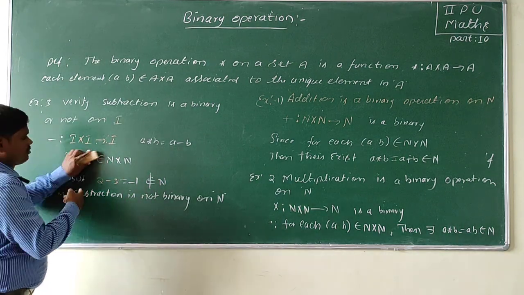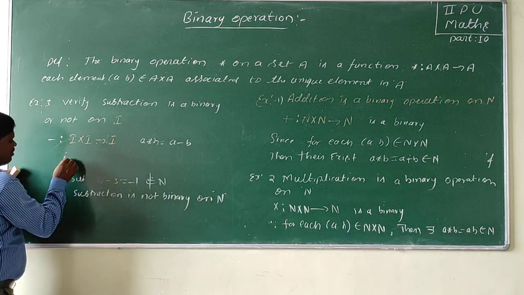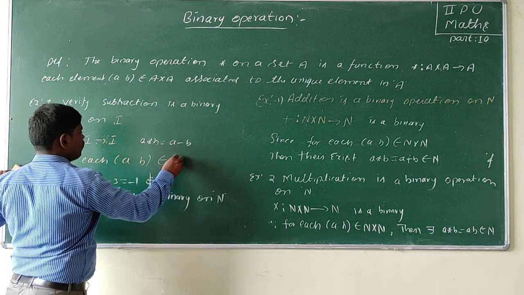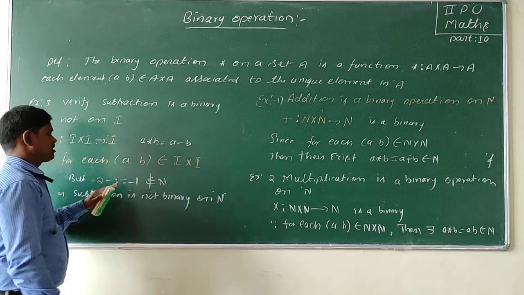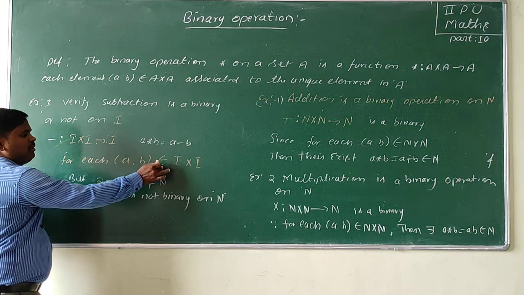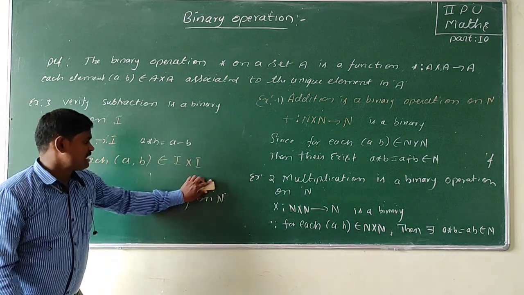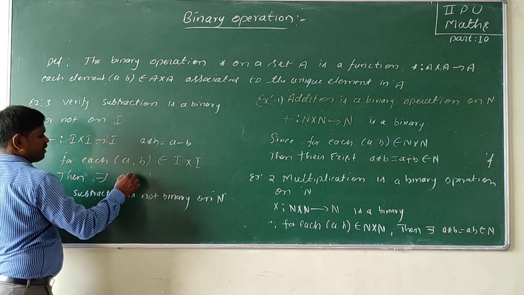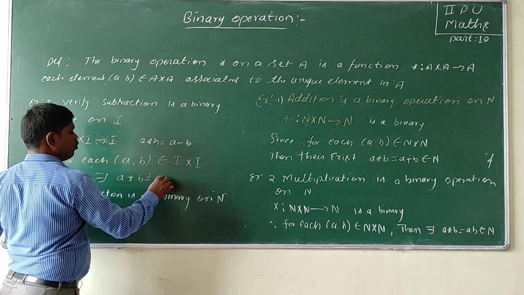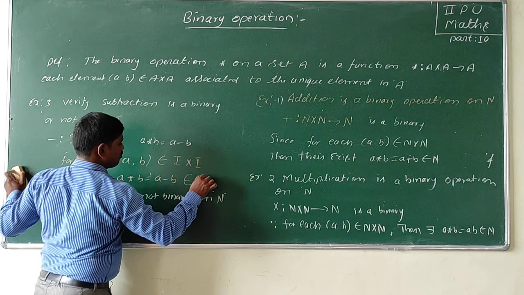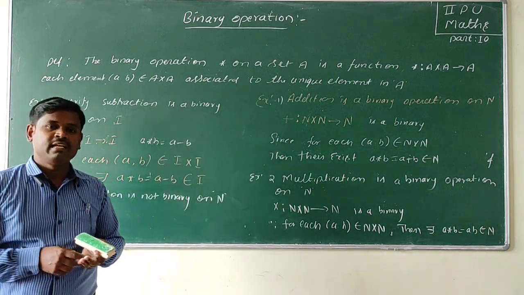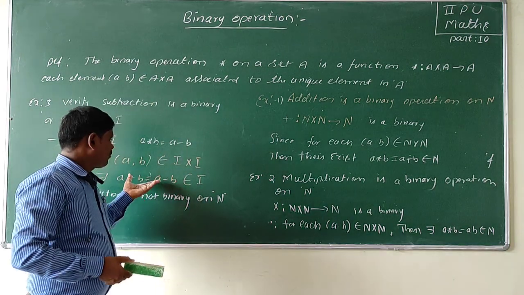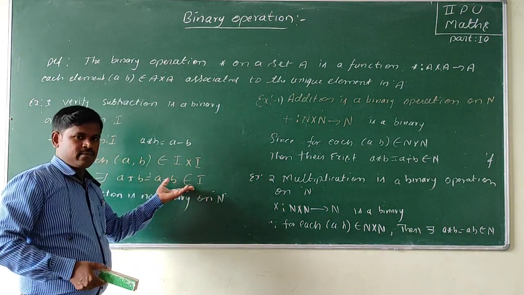For each (a, b) belongs to I cross I, there exists a star b equal to a minus b, which also belongs to the integers. So subtraction of two integers is also an integer.